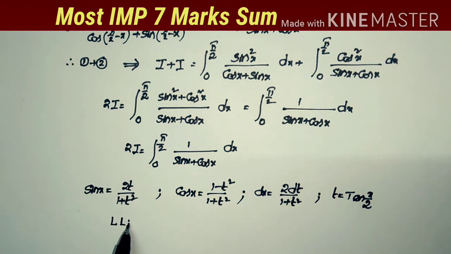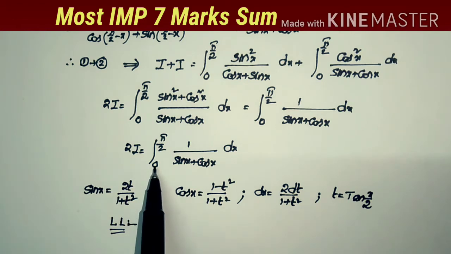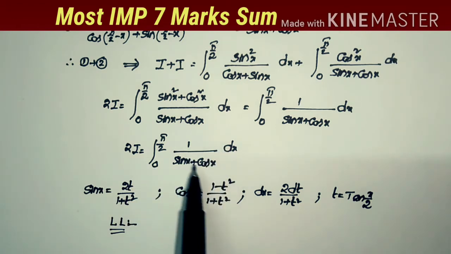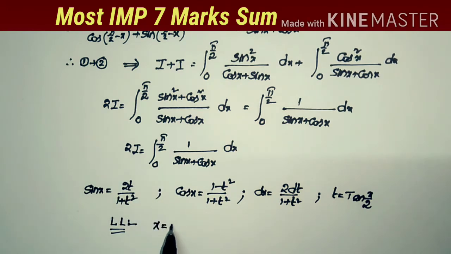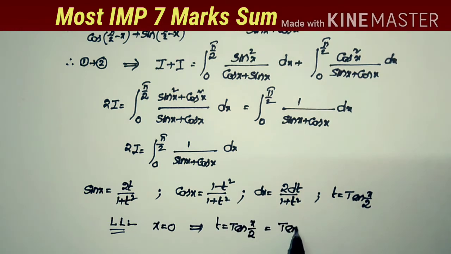Lower limit: what is the lower limit value? X is equal to 0. The function is in terms of x, that is, this is the limit of x, that is x is equal to 0. Now we substitute x equal to 0 in the t value. T is equal to tan x by 2, but x is equal to 0, tan 0 by 2.